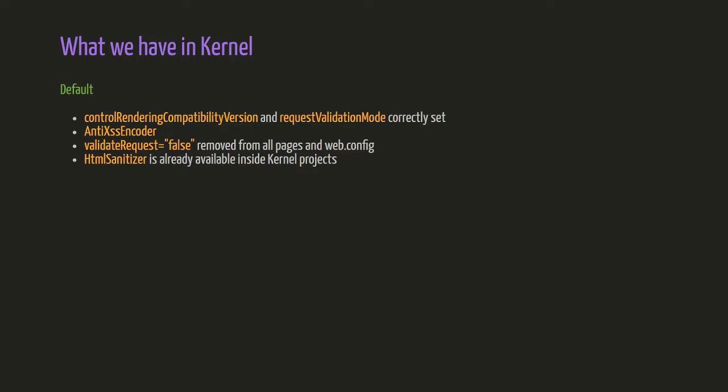Validate request is set to false, removed from all pages and web config. And where necessary, for example with text area HTML, content is encoded for post and then checked server side using an HTML sanitizer. And we also have an HTML sanitizer available inside the kernel project.